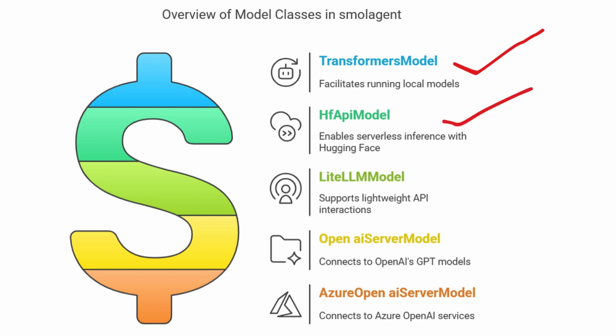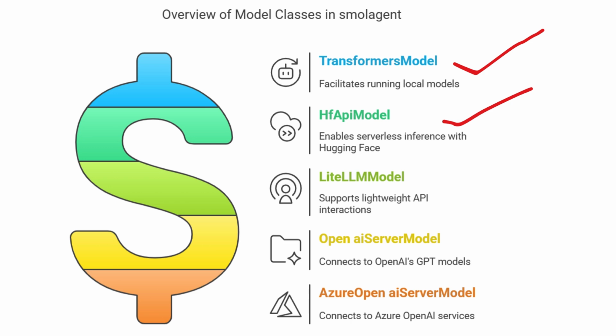2. HFAPI model, serverless inference with Hugging Face. The HFAPI model class is a great option for running AI models without needing to install them on your own machine. Instead of relying on local hardware, this approach connects to the Hugging Face API, where powerful AI models are hosted and ready to use. This is known as serverless inference, which means the heavy computational work happens on remote servers rather than on your device.